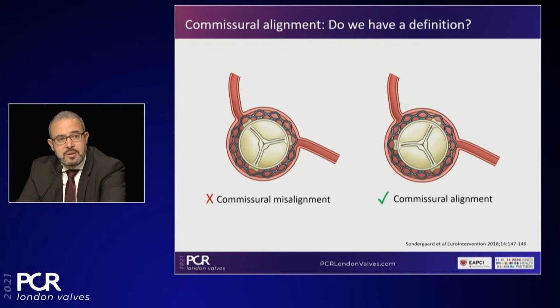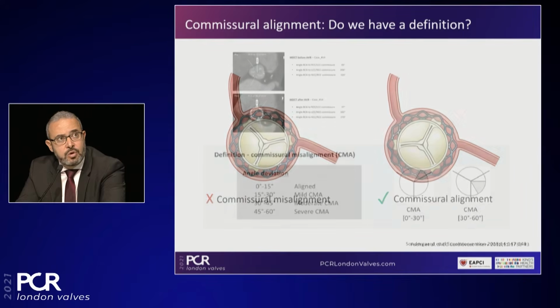We know that surgeons usually implant the surgical valve with the neocommissures adapted to the native commissures, and this is what we may generally call commissural alignment. The opposite scenario, when you have the commissures in front of the coronary ostia, would be some sort of commissural misalignment that you would probably need to avoid in order to preserve access to the coronaries.